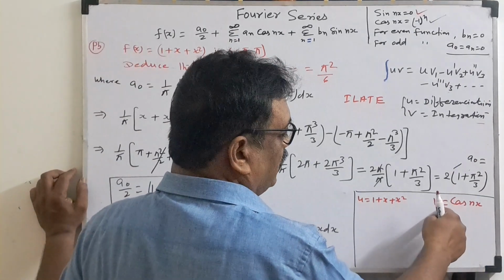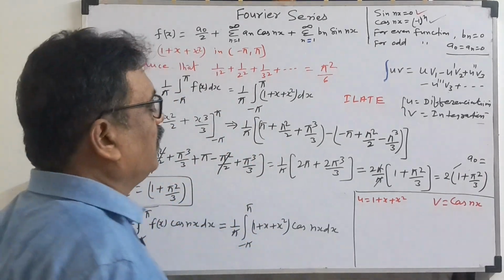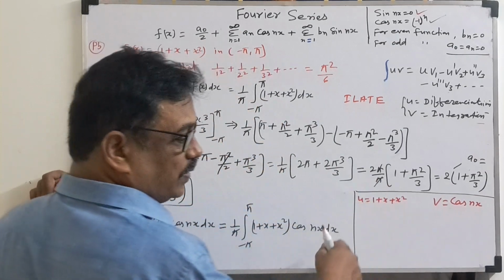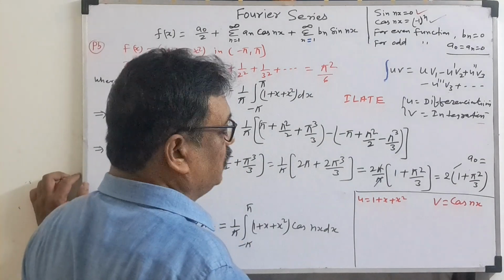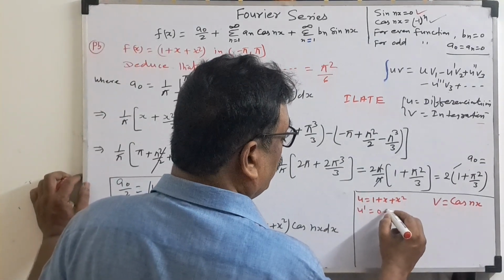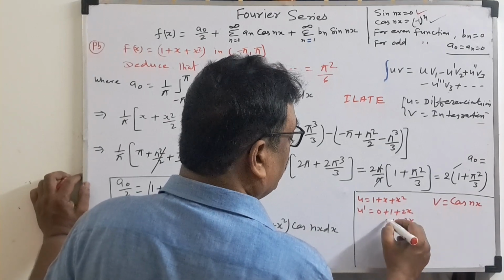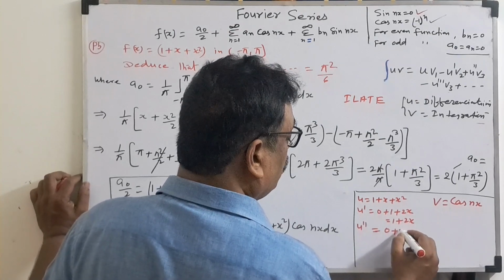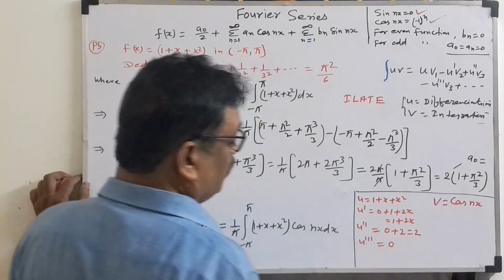Otherwise, if you keep integrating v1, v2, sin and cos will keep coming. So take as the first function the term that becomes 0 after some steps. See how you will get 0. u dash equals 0 plus 1 plus 2x, so 1 plus 2x is u dash. u double dash is 0 plus 2, equal to 2. u triple dash equals 0.